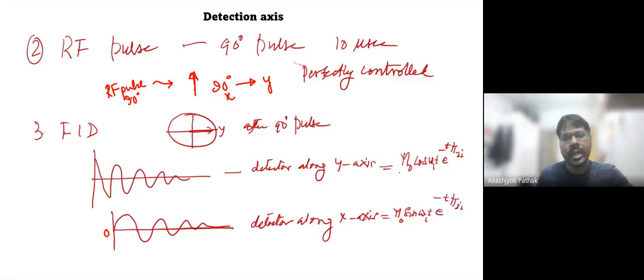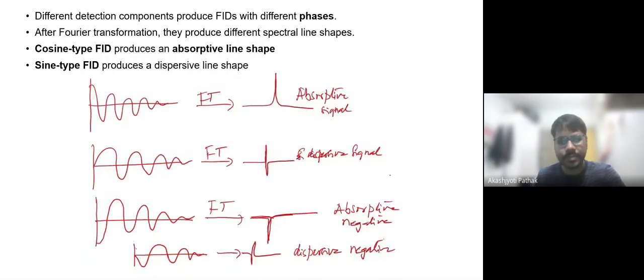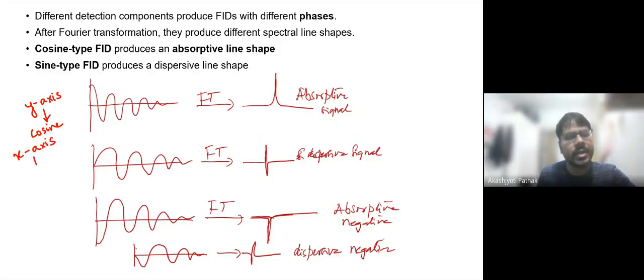That is why your detection axis is very important. Remember, if your detector is on the y-axis, you get a cosine function. If your detector is on the x-axis, you get a sine function.